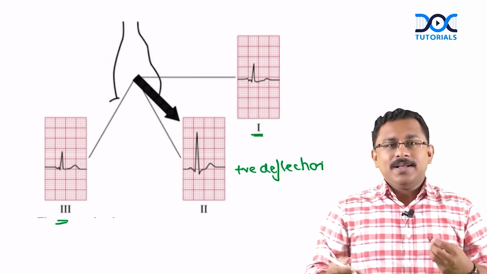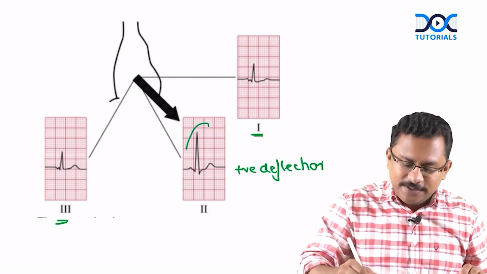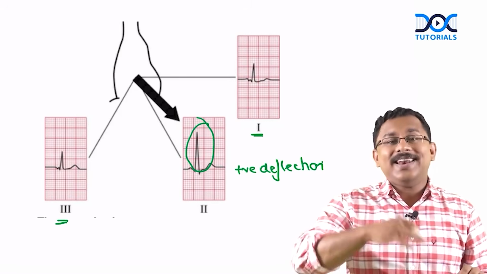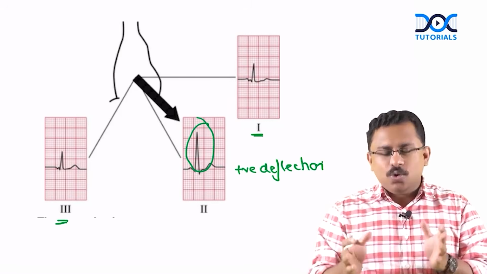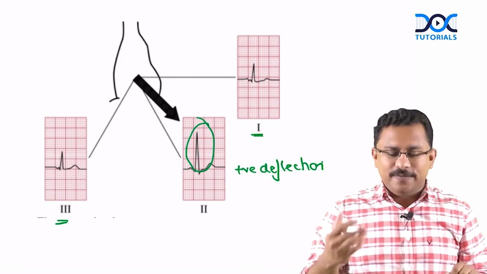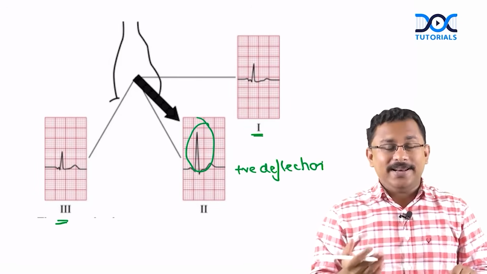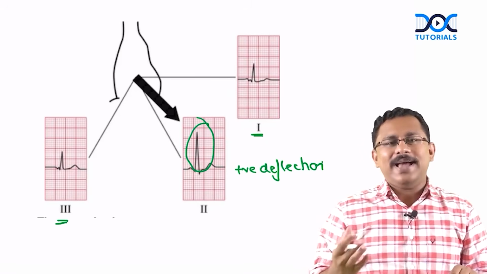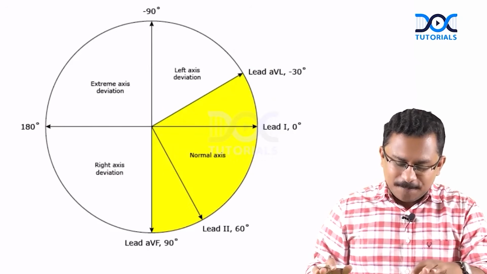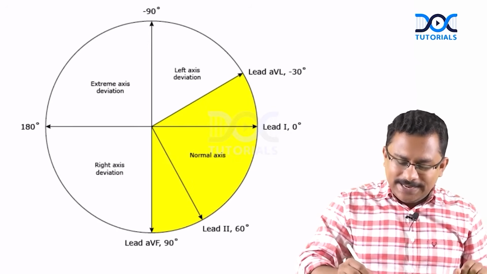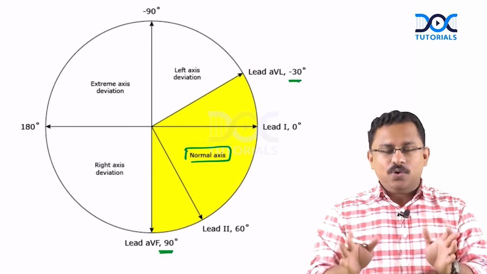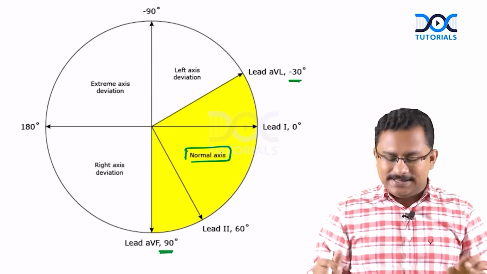That is why the most prominent positive deflection will be in lead 2 over and above leads 1 and 3. So in a normal axis, lead 2 will have the greatest height of positive deflection compared to leads 1 and 3, but leads 1 and 3 also will have a positive deflection. What is shown in yellow is the normal axis, between minus 30 and 90.